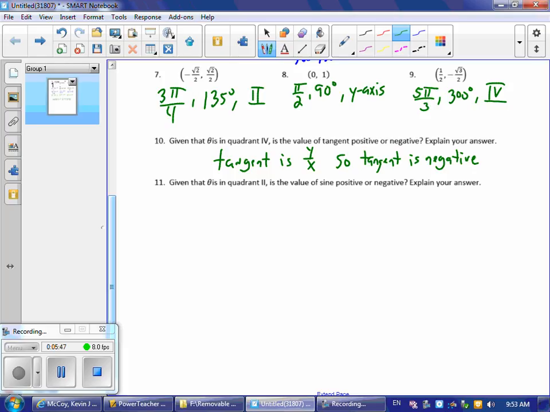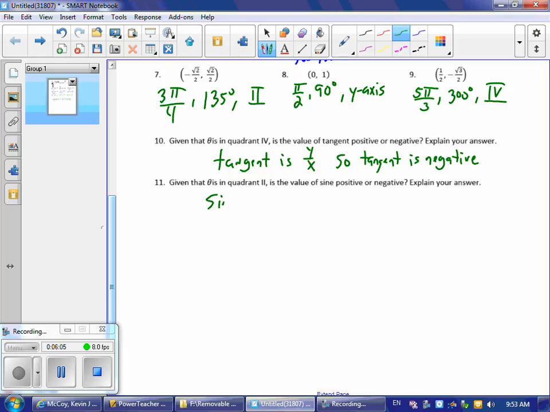Same idea for the last one. Given that theta is in quadrant 2, is the value of sine positive or negative? So this is just asking about sine. Sine is your y value. In quadrant 2, the y values are all positive.